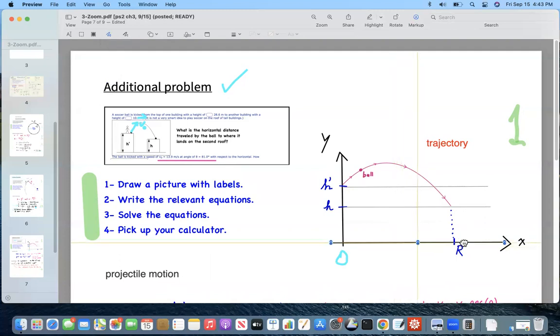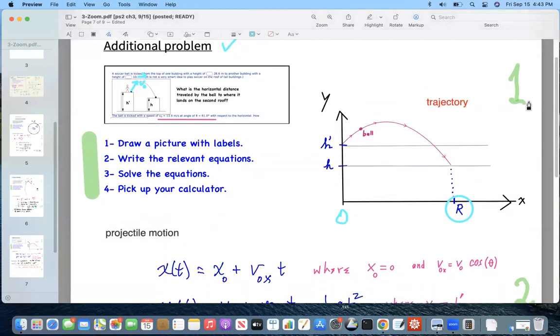So this is the unknown. That's what we're trying to calculate. So the first step in a physics problem is to draw a picture which labels, not with numbers, but with variables, symbols, the problem. So this shows the trajectory.